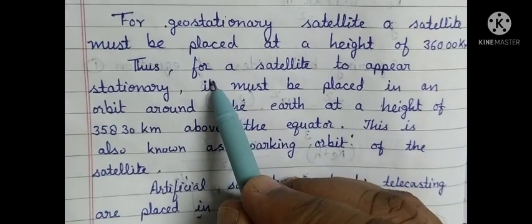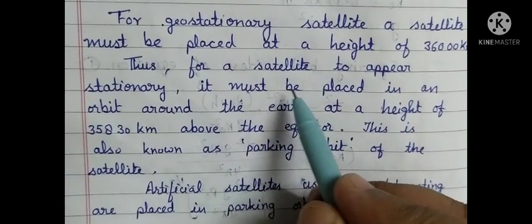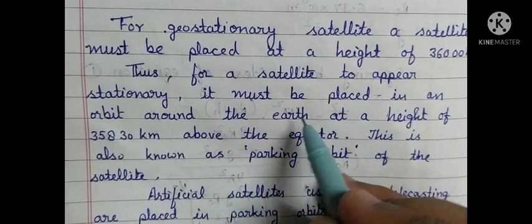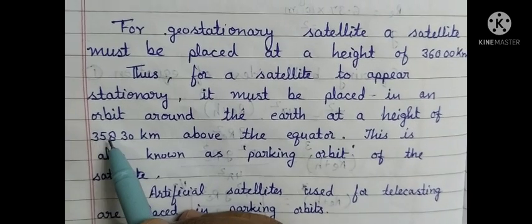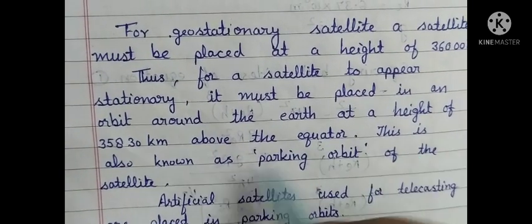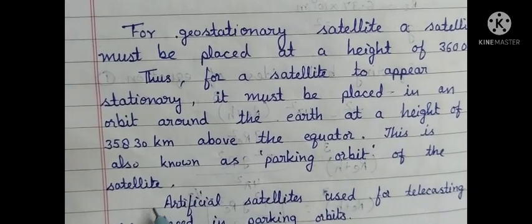Thus, for a satellite to appear stationary, it must be placed in an orbit around the Earth at a height of 35,830 kilometer above the equator. This is also known as parking orbit of the satellite.